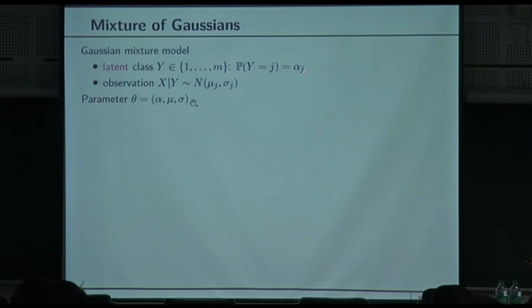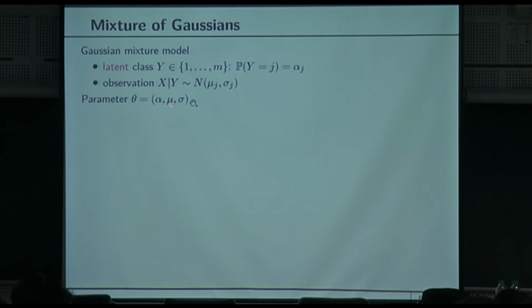The probability that y equals j is alpha j, where j takes values 1 through m. The probability of belonging to a particular class is alpha 1, alpha 2, ..., alpha m. When they arrive, then given their class, the observation X is normally distributed with mean mu j and standard deviation sigma j.